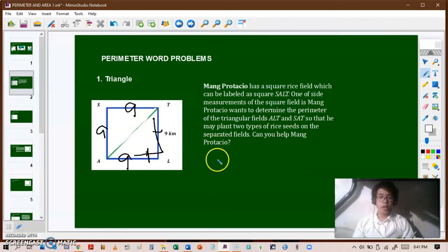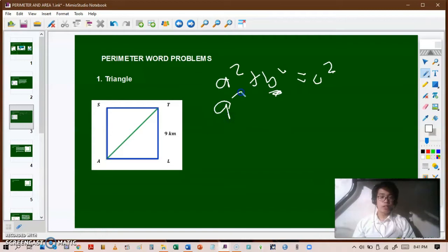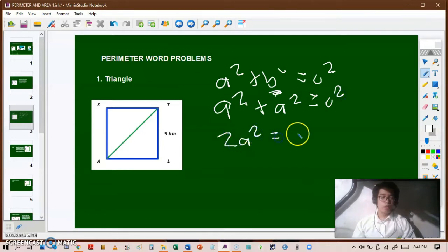The Pythagorean theorem states that a squared plus b squared is equal to c squared. But since the sides a are the same, since it's an isosceles triangle, we can simply write that as a squared plus a squared is equal to c squared. So that will be 2a squared is equal to c squared.